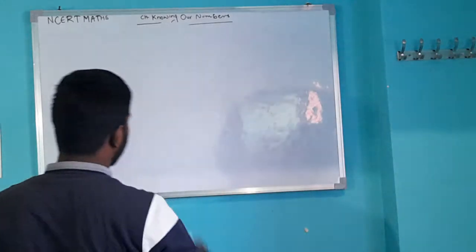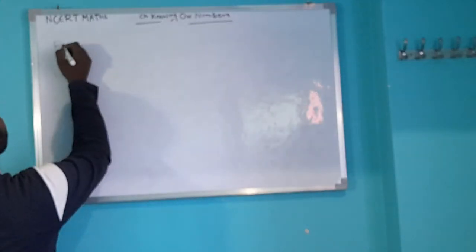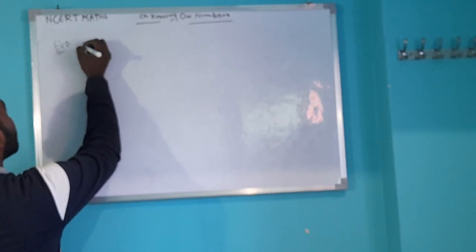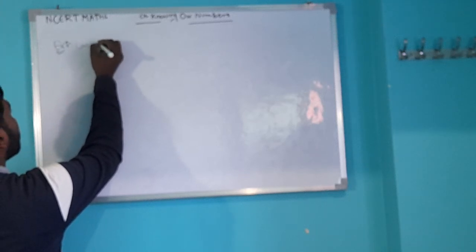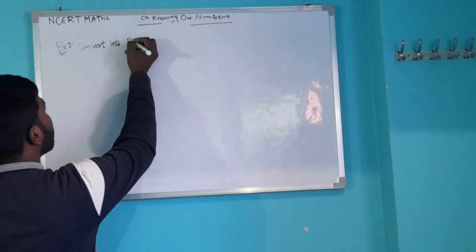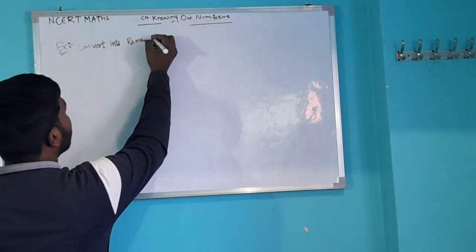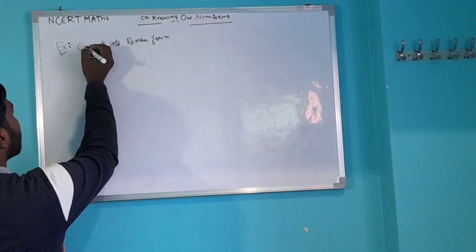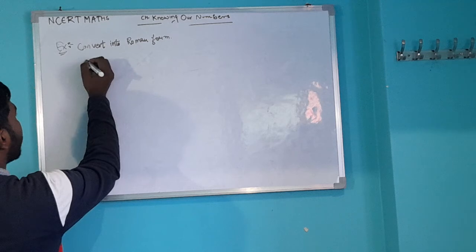So let's see some examples related to converting into Roman form. We have 69.